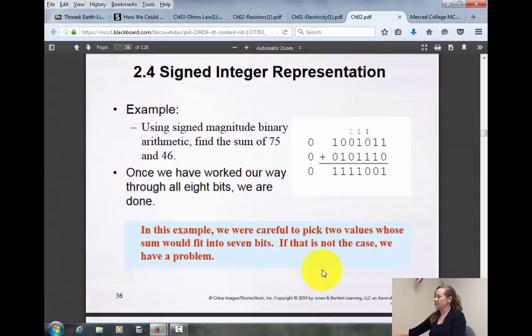And we get a number that looks like this at the end. And what number does this represent? 75 plus 46, what's the answer? Was it 121 or something like that? Yeah. So this would be 121. If you converted this back to decimal, this is 121.